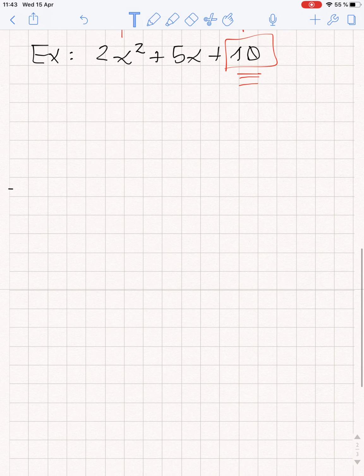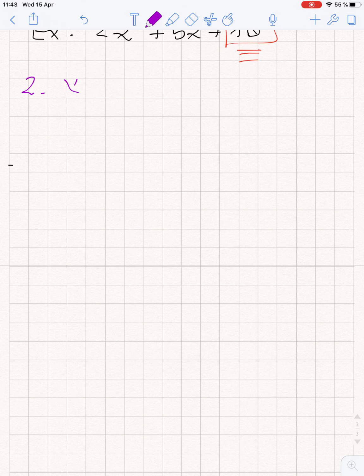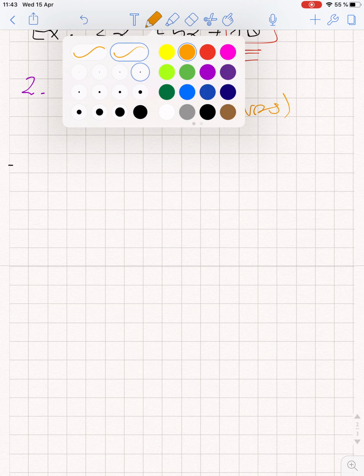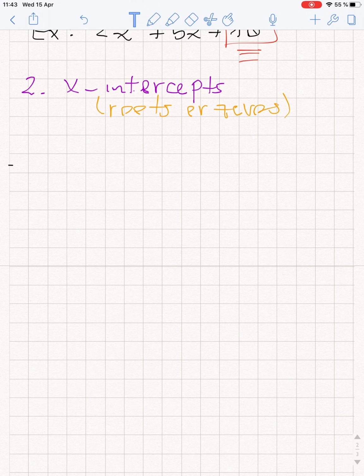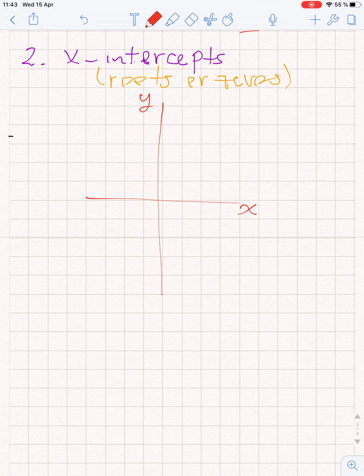Now, second, the x-intercepts, okay? Or as I said before, roots or zeros, okay? Again, I'm going to plot a coordinate plane. In the coordinate plane, I'm going to draw a curve.